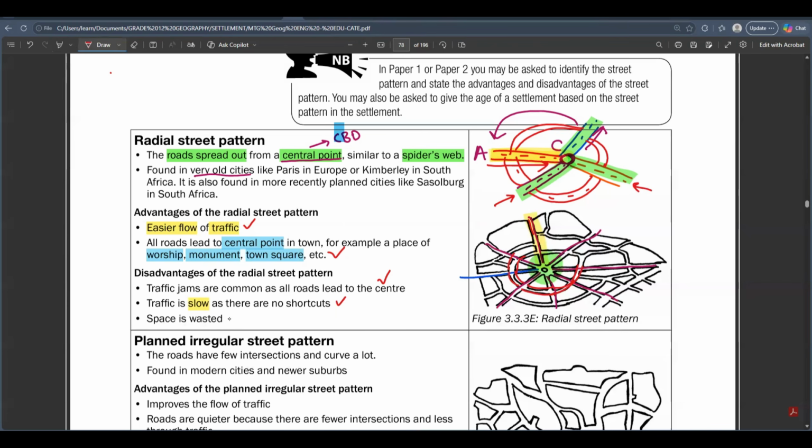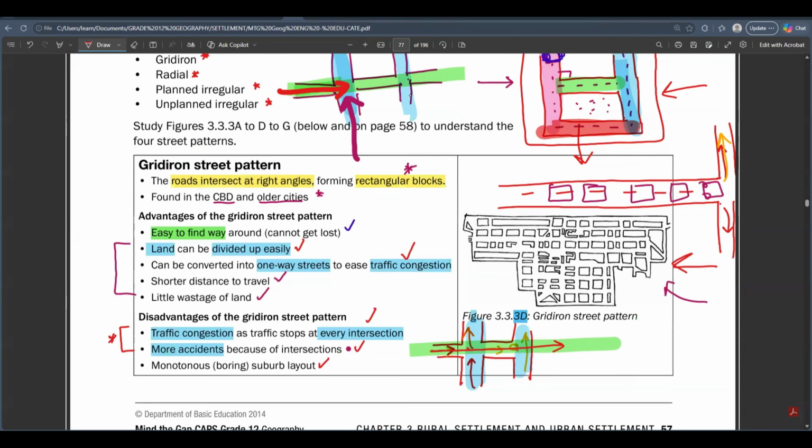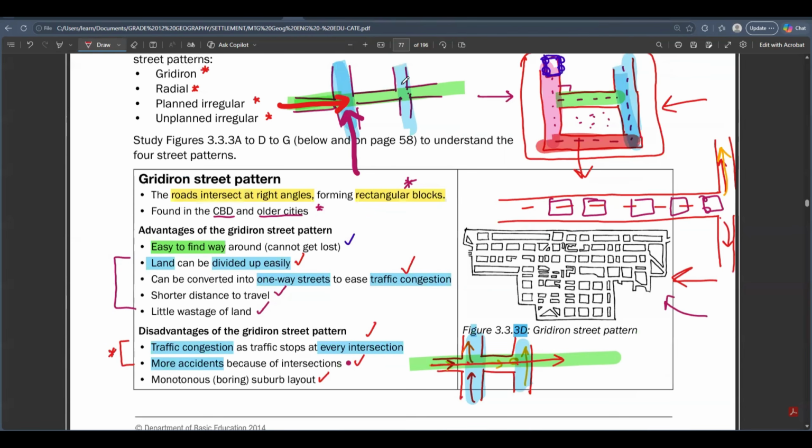And also this is wasting space because this pattern is spreading out in the entire region. It wastes a lot of space compared to the Gridiron. The Gridiron straight pattern, guys, is very straightforward. So there won't be any wasting of land at all.